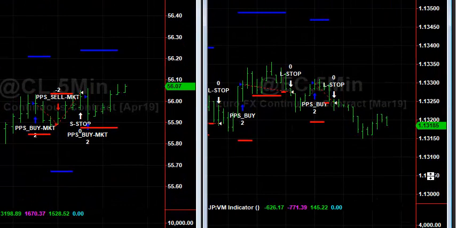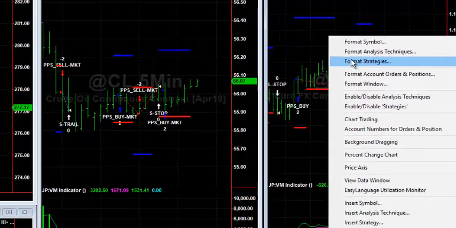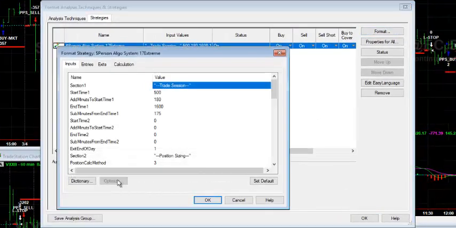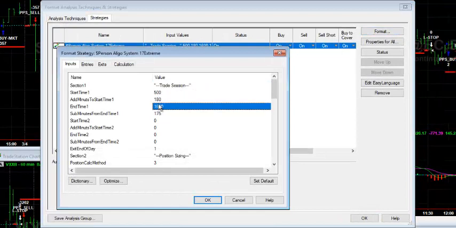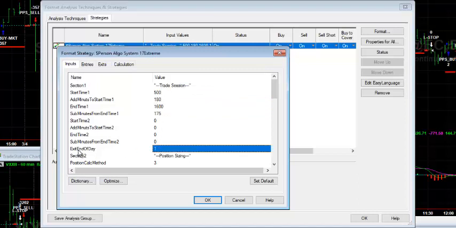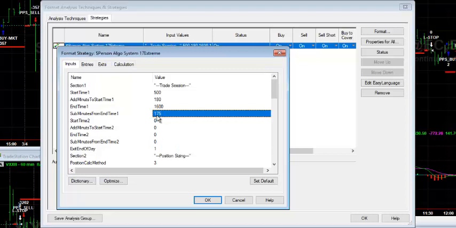So if you think about it, you have 175 minutes. Well, 180 minutes is 3 hours. So end time here is 1600 minus 3 hours, means at 1 o'clock or 12:55, this system stops trading. So that's because it's the live room. I don't think it's fair to have an algo system generate profits and then come into the room and say, oh, look how well it did, but you weren't here because it was overnight.